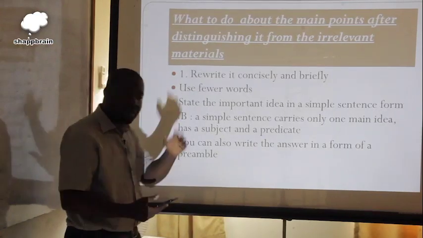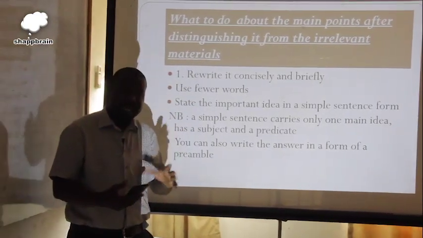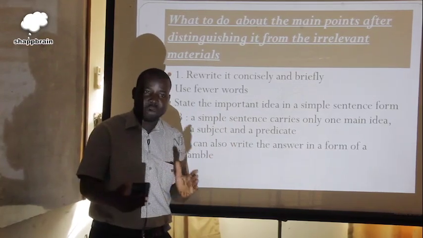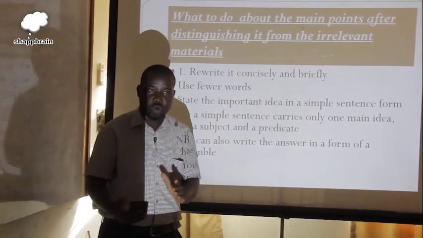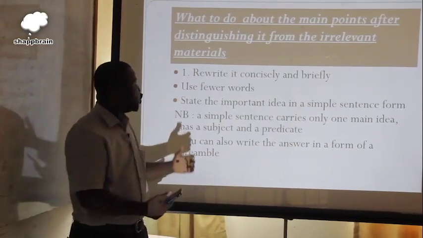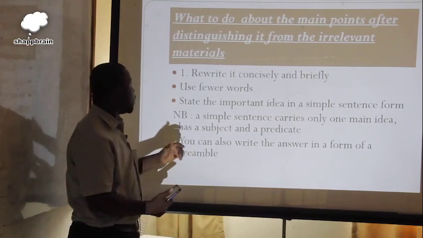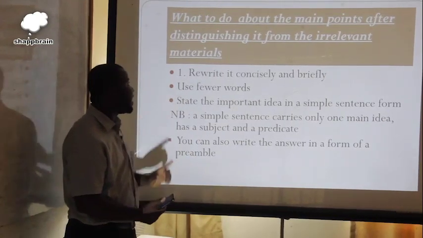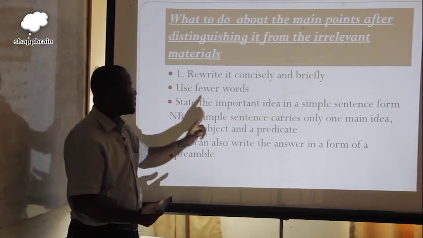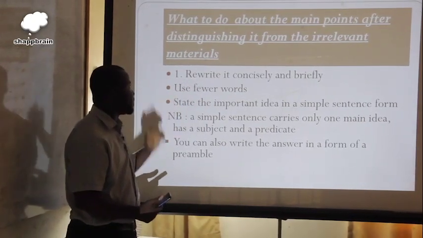Now, once you have been able to identify the main idea from the wordiness or the illustrative materials, what do you do next? You are supposed to do the following. Here it says what to do about the main point after distinguishing it from the irrelevant materials.